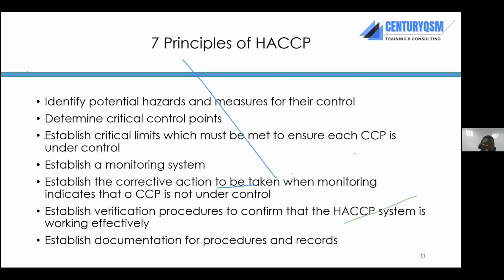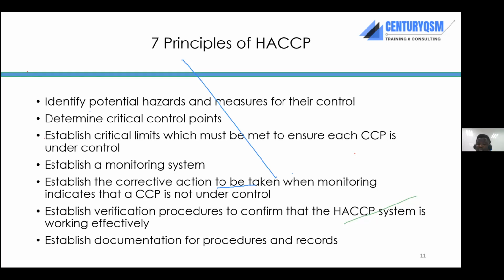Then you put a corrective action: if that system fails, what do you do? You need to put it in place. Then establish a verification procedure to confirm that the HACCP system is working effectively. This is going back to confirm that what you're monitoring is actually working as planned. Then you document.